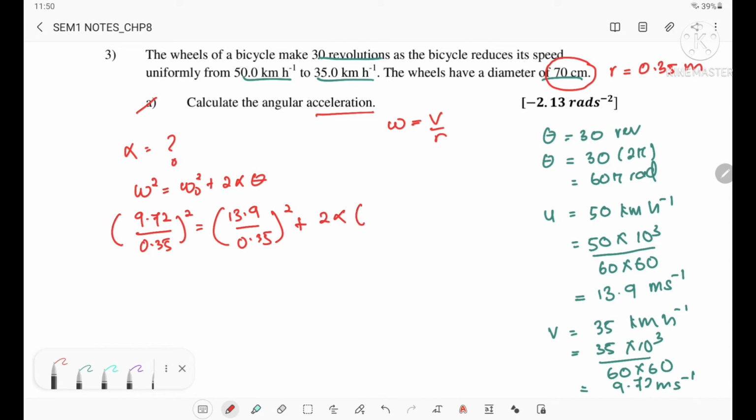We already convert into radian, times 60 pi, and then rearrange, we get alpha equal to minus 2.13 radian per second squared. Please take note, make sure you write down the correct SI unit.